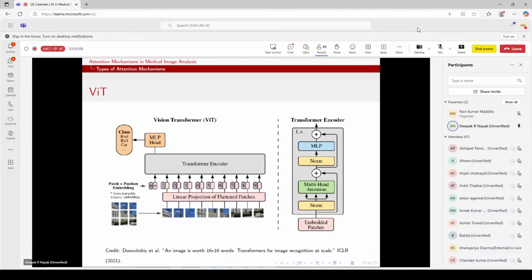And if you look at this particular architecture, the core component here is nothing but attention, because the major component in the ViT architecture is the transformer encoder. And this transformer encoder is defined over here. If you look here, there is a block known as multi-head attention. Very important.